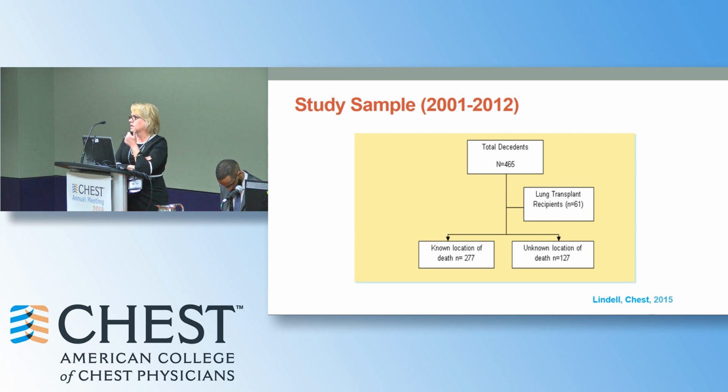This involved the Social Security Death Index, reviewing obituaries, and doing Google searches of where patients were. An important thing to note is sometimes these patients don't come back to you, so you may have only one visit with them and they're lost to follow-up.